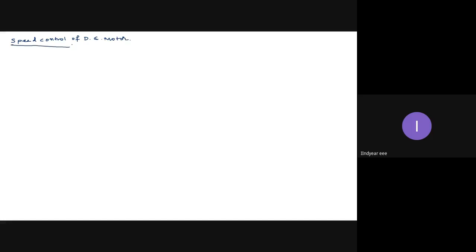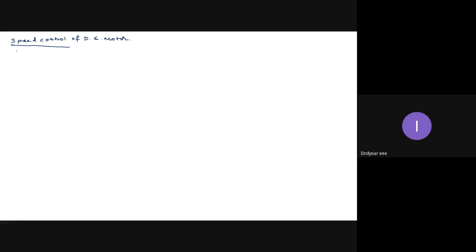Whenever we are looking into speed control, we should start from the equations that govern the speed. Whatever analysis we do, all analysis is mathematical. So the equations in which the speed comes are the back EMF and the torque equation. But let us look into only the back EMF.